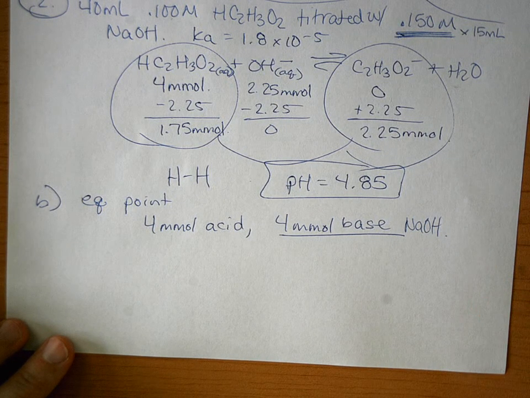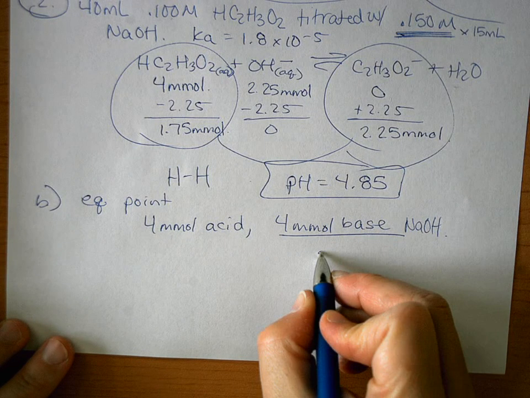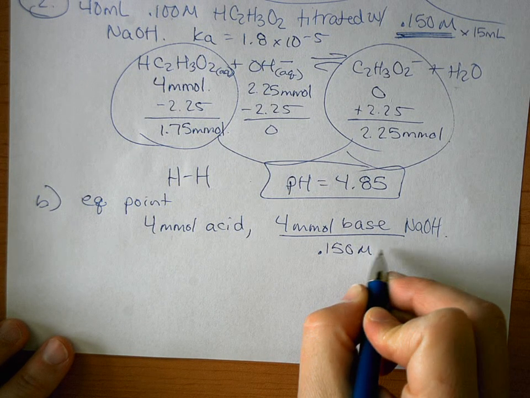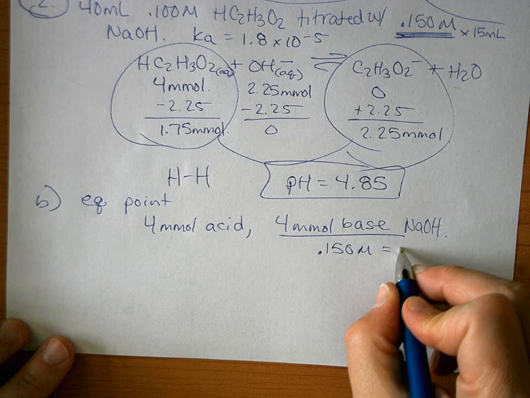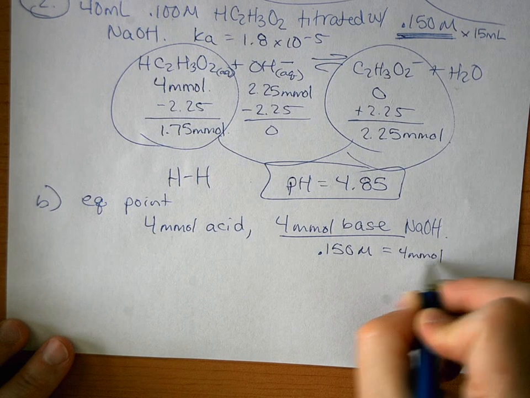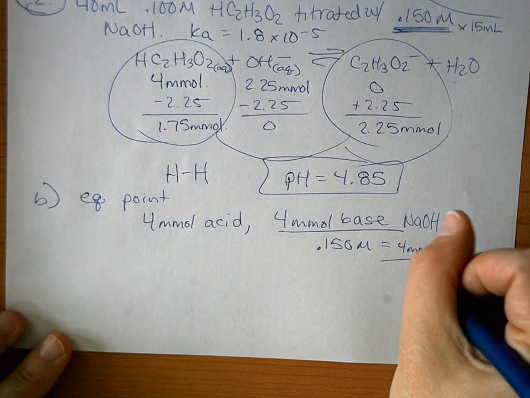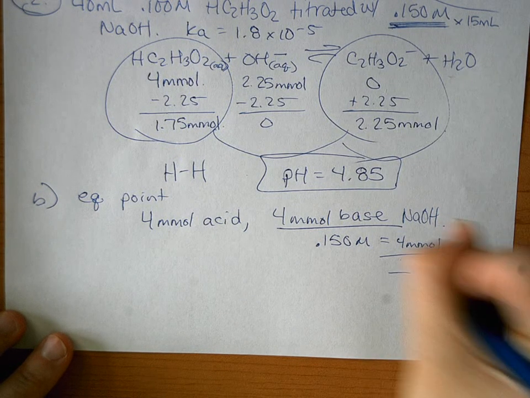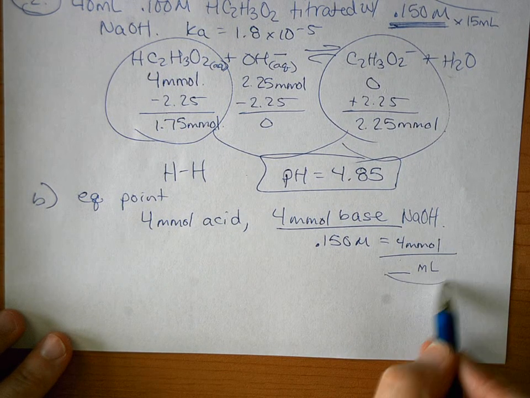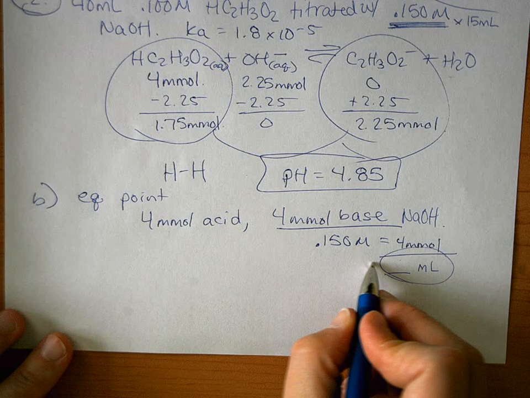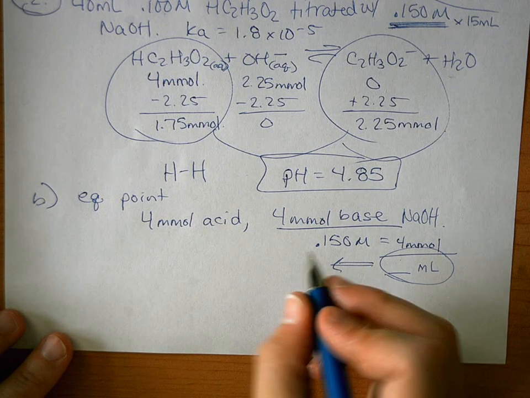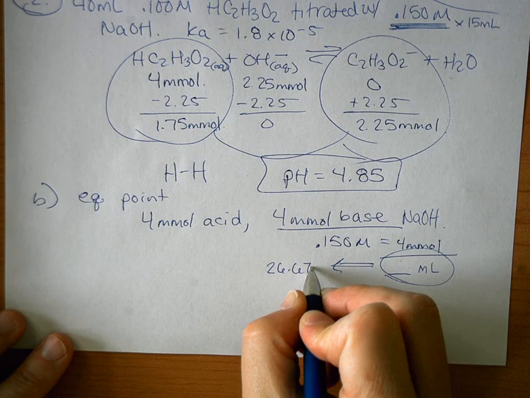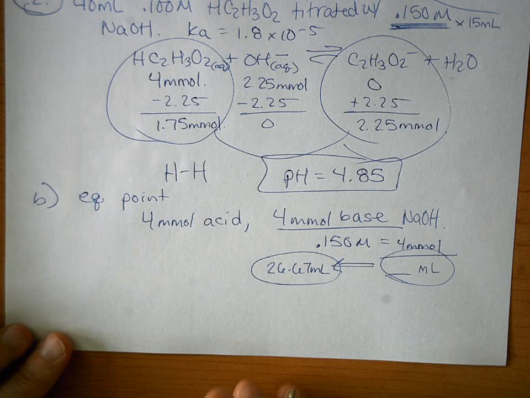And I know the concentration is 0.15 molar, so 0.15 molar is equal to my number of millimoles over the volume in milliliters of the base. Then I just need to solve for that number, and you should get 26.67 milliliters.